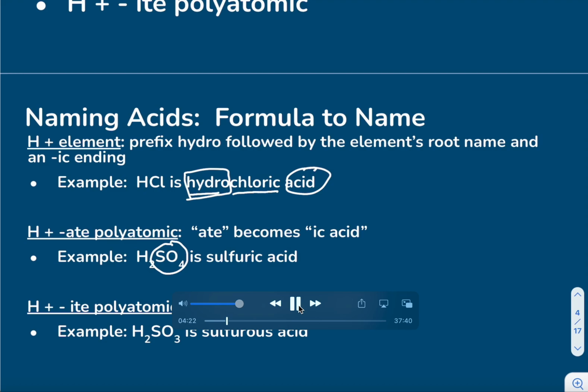So instead of sulfate, we have sulfuric acid. And then if we look at everything but the H and it's an ITE polyatomic, like this is sulfite, ITE becomes OUS acid. So when you're naming these, again, you're looking at everything except the H, and that will tell you how to name it.